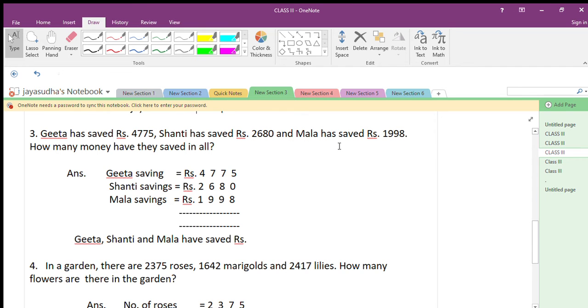And Mala has saved rupees 1,998. Then how much money did they save in all? All means what? Geeta, Shanti, Mala, these three of them. How much money did they save? That is what you want to find. How much money they saved in all means you have to add.